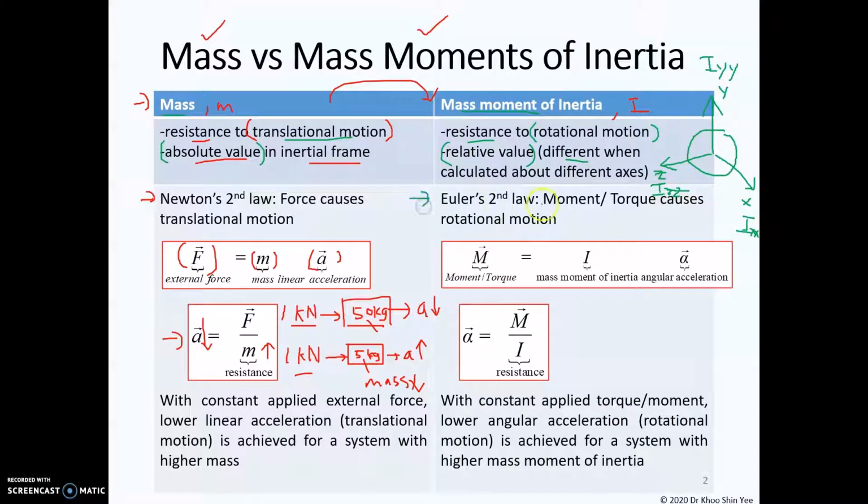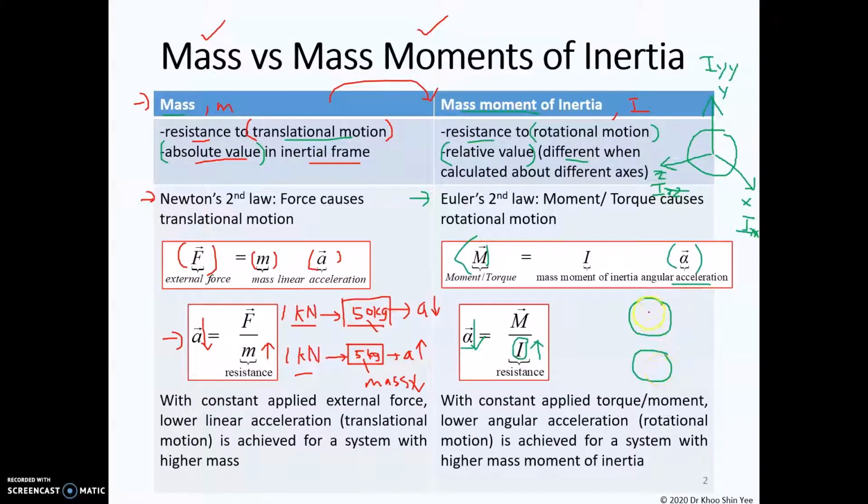From Euler's second law, moment or torque will cause an object to rotate with angular acceleration. And if you rearrange this equation, you obtain the angular acceleration alpha equal to the moment or the torque divided by I. I is the mass moment of inertia, so if you increase this value, the angular acceleration will be reduced. This means that the I is the resistance to the angular motion.